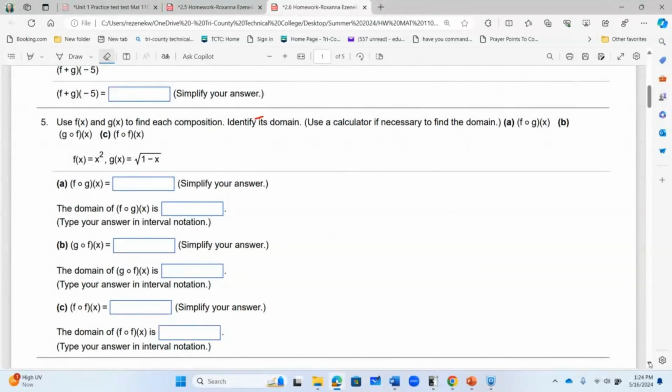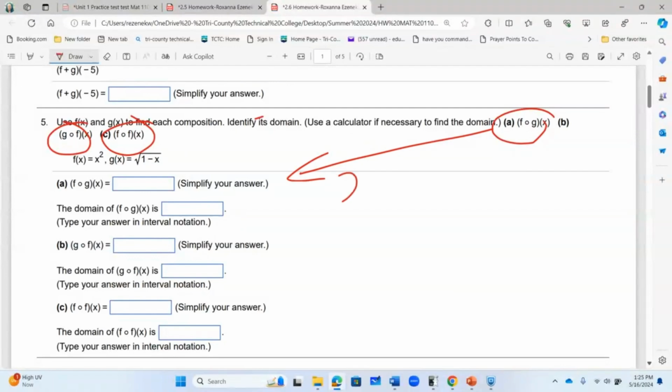So let's go back and do this. The first thing we want to do is f composed of g, and we also want to do g composed of f, and f composed of f. All right. So the first one is f composed of g. Let's come over here. The first thing I want to do is bring down the value of f.